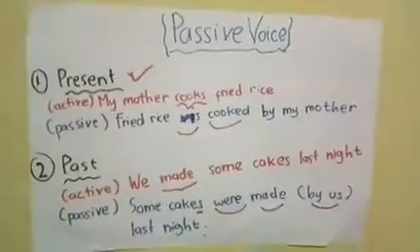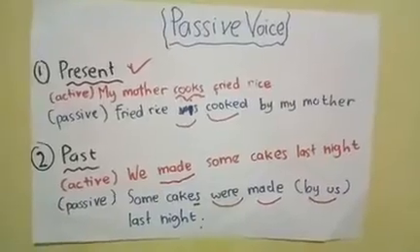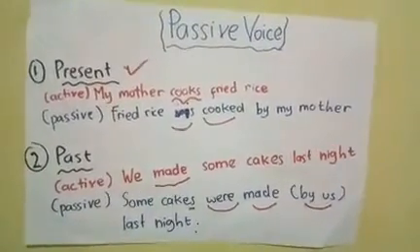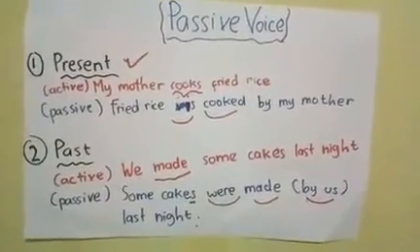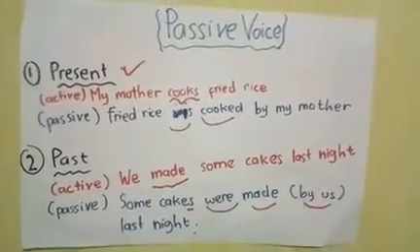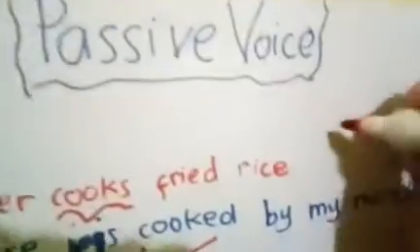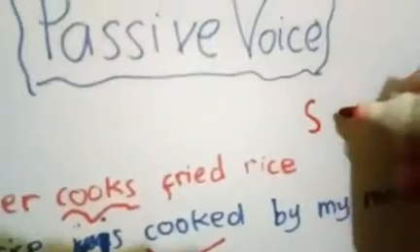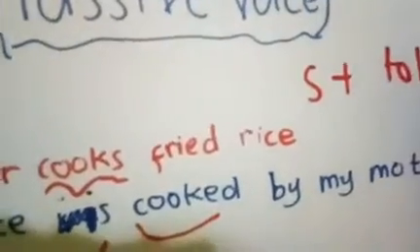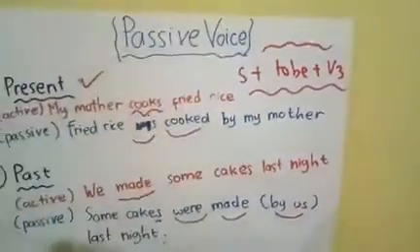Okay, so I want to remind you that passive voice is the grammar that talk about when the object become the focus in the sentence. Do you still remember the pattern? This is it. Subject plus to be plus verb 3.